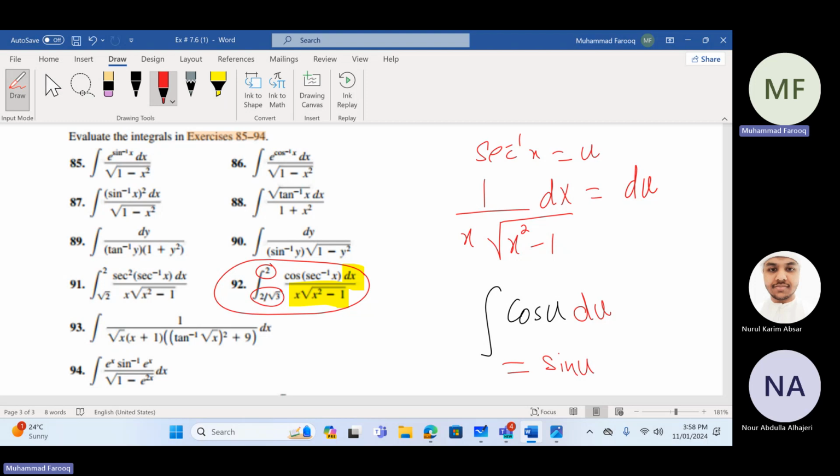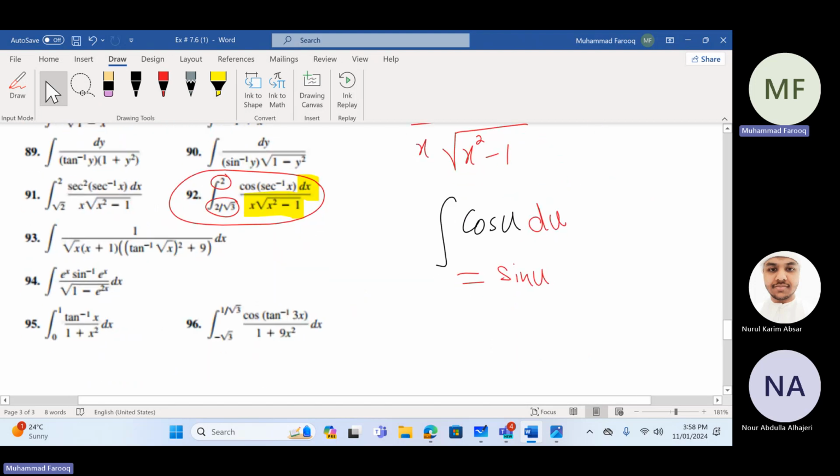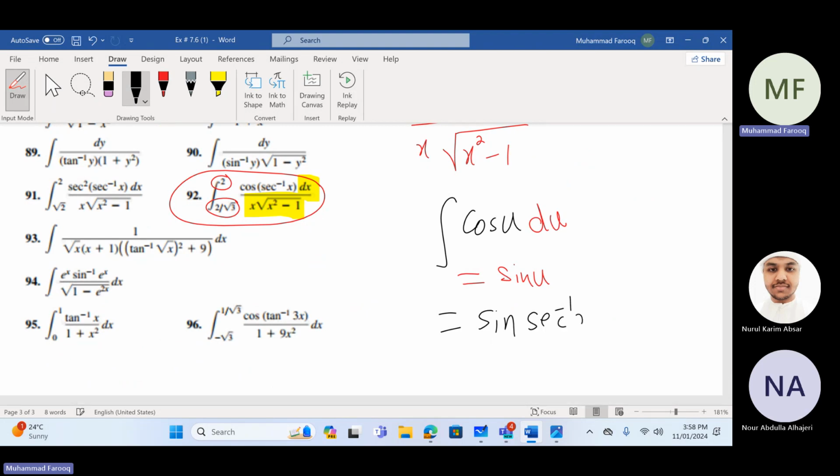Secant inverse x. So this is sine of secant inverse x, with limits from 2 by square root 3 until 2. Now do the upper limit in the answer minus the lower limit in the answer. You put 1 over the cosine inverse.